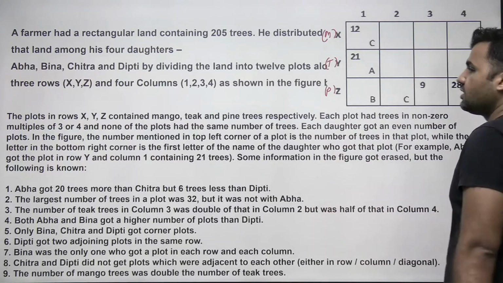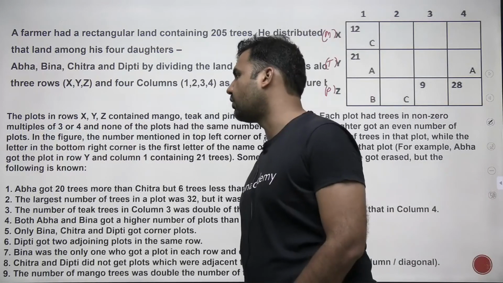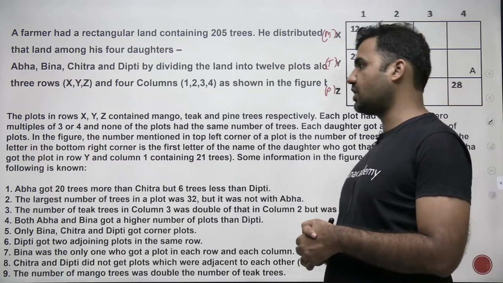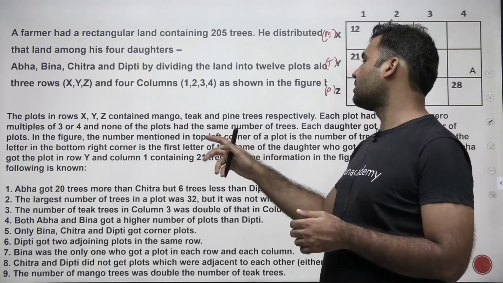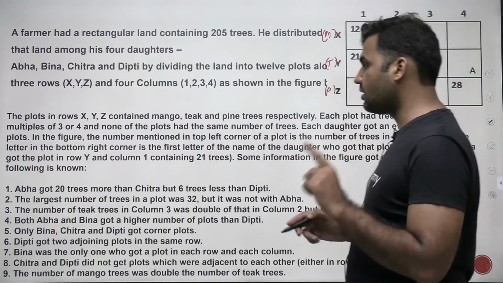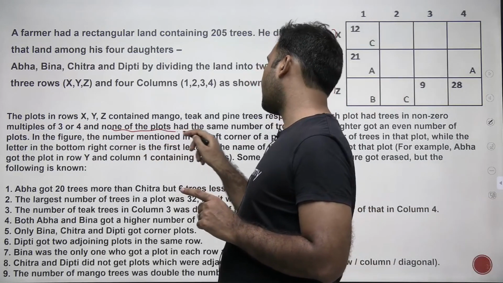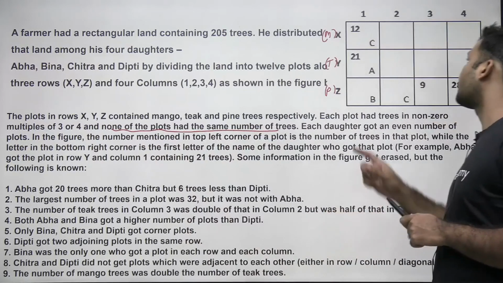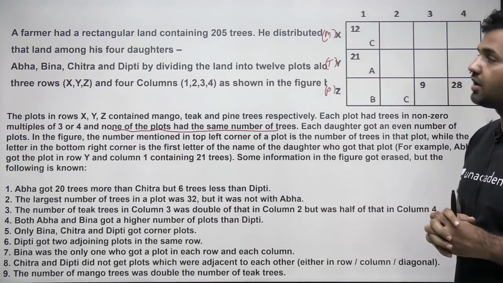Each plot had trees in non-zero multiples of 3 or 4. And none of the plots had the same number of trees. That's the point here, guys, that you need to note down. None of the plots had the same number of trees. That means no value can reappear in any of these plots.